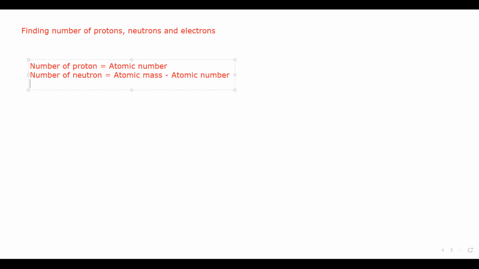And to get the number of electrons, that is atomic number minus the charge on the ion. So this is the formula which we use to get the number of protons, neutrons and electrons.